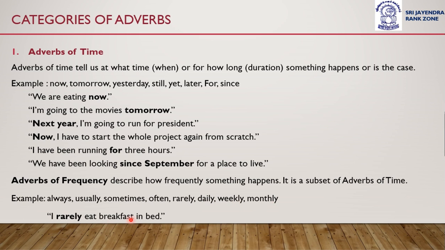I rarely eat breakfast in bed. So rarely is an adverb of frequency in this. Why? Because in this sentence we are asking how frequently does he eat breakfast in bed. Rarely gives the answer to the question how frequently. Alright, therefore rarely is an adverb of frequency in this sentence.